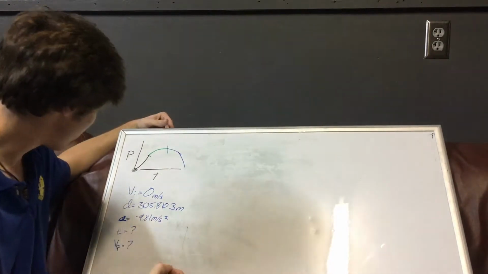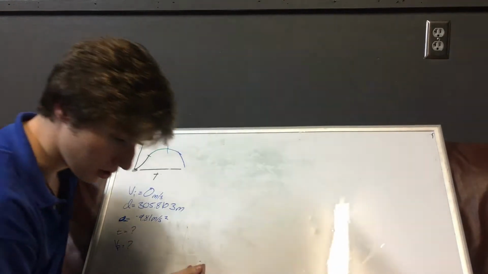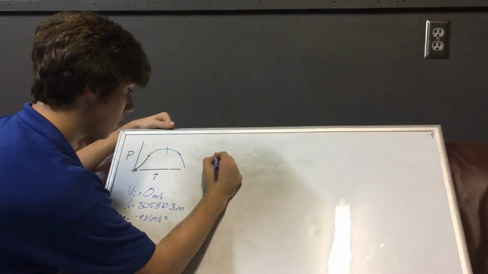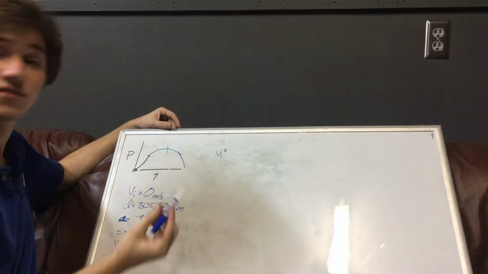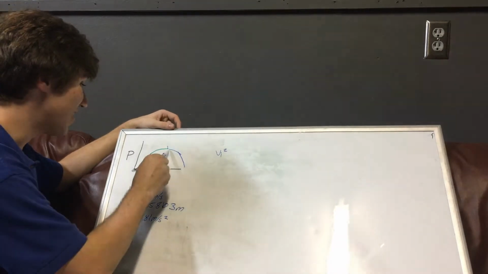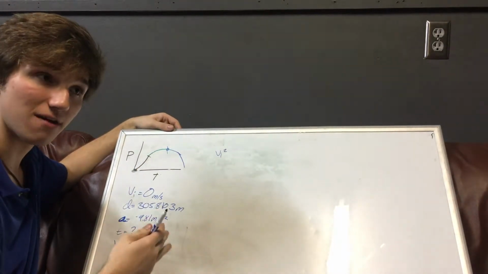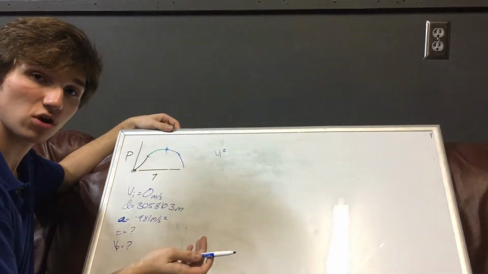So we're going to plug these into a formula. VI is 0, since we're taking it from this point right up here. And the VF from the last problem is going to be the VI from this problem, because we're just taking it right where it left off.